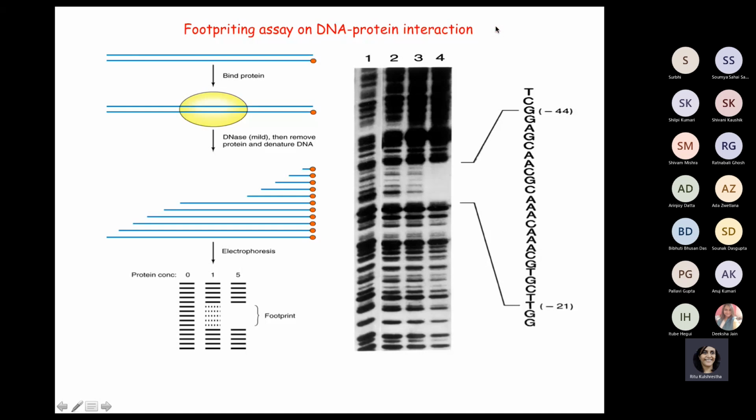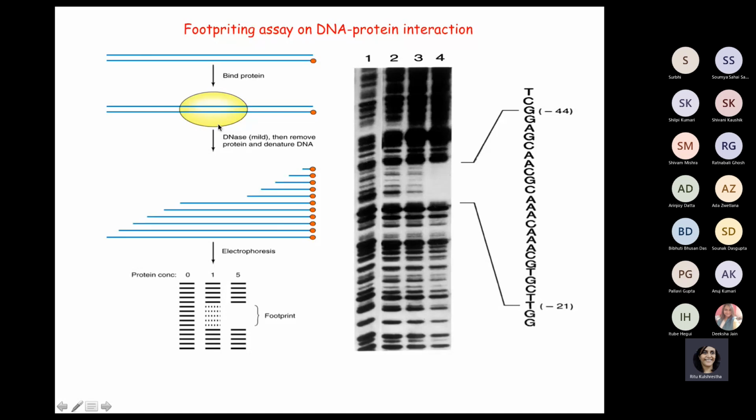Okay? We look for the footprints of a protein bound to a DNA fragment. So again, you take that DNA fragment that you are interested in, and you know that a protein is binding there. Then you label it on any one end and you incubate that DNA with your protein of interest. So we are assuming that in the tube, where you have this labeled DNA and protein, the protein gets bound to a particular place in the whole stretch.